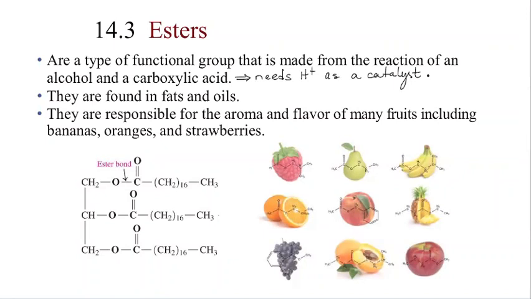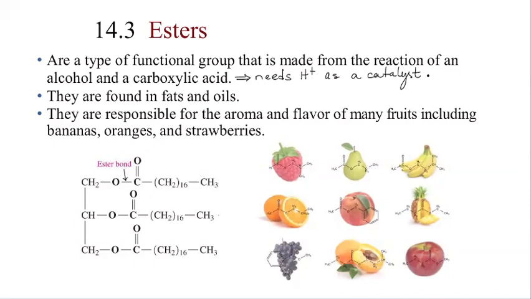Now, where do we find these functional groups? Understand that we can find them in fats and we can find them in oils. And tomorrow, when we talk about chapter 15, we are going to see how these biomolecules that are considered fats, oils, and other biomolecules that we will be discussing tomorrow have this functional group in them.